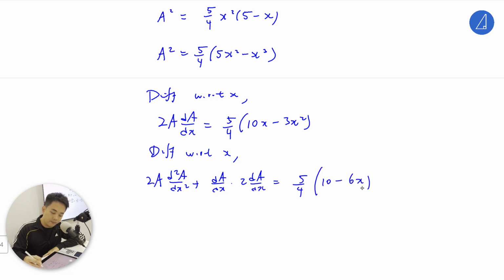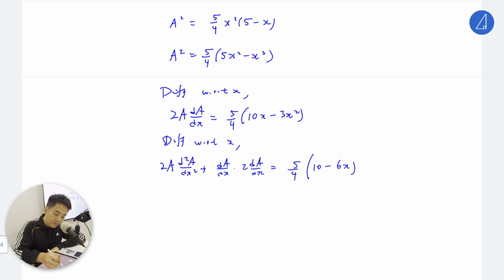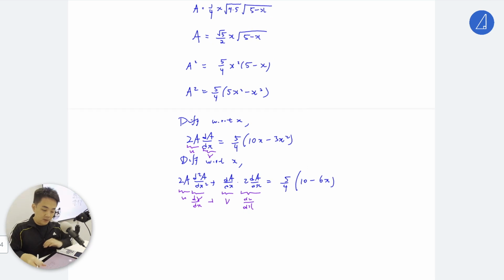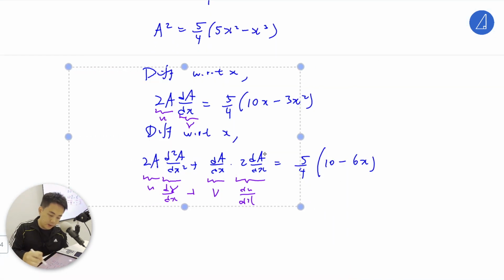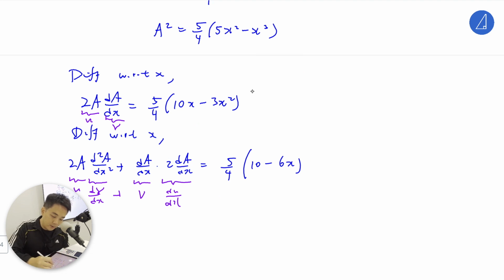This will be the product rule, u dv/dx plus v du/dx. At the stationary value, you know that dA/dx is 0.